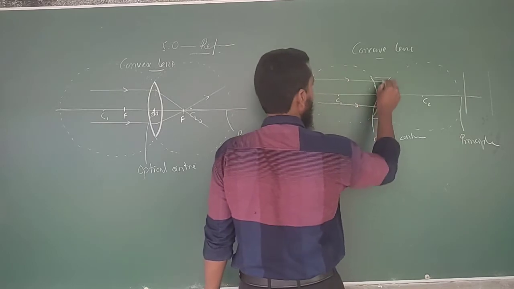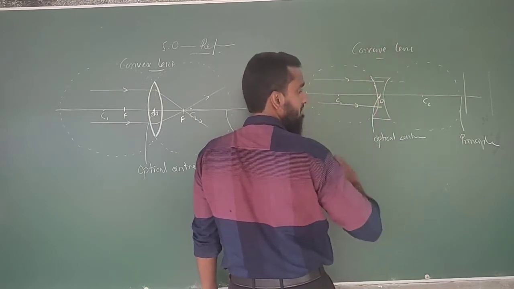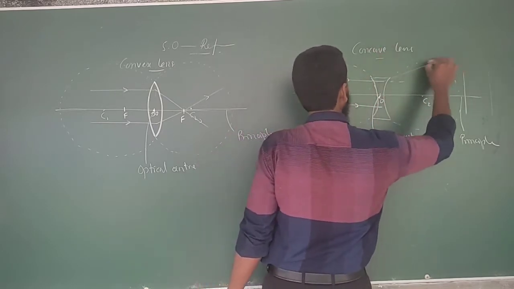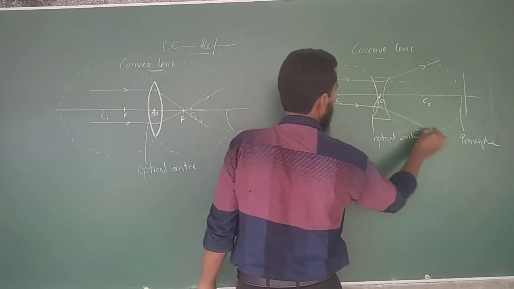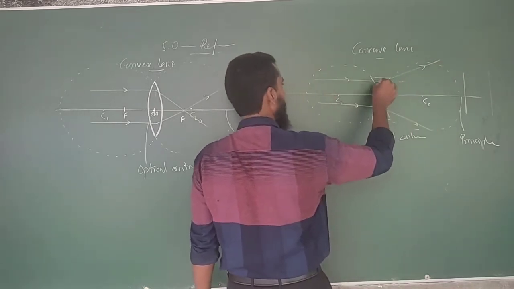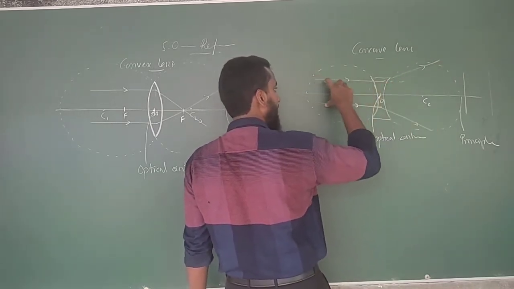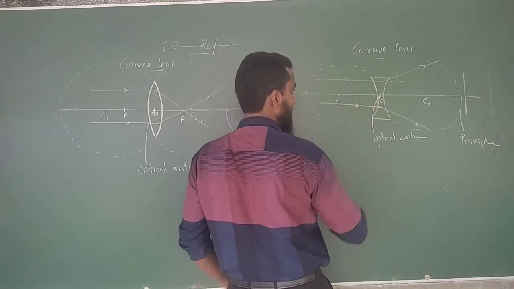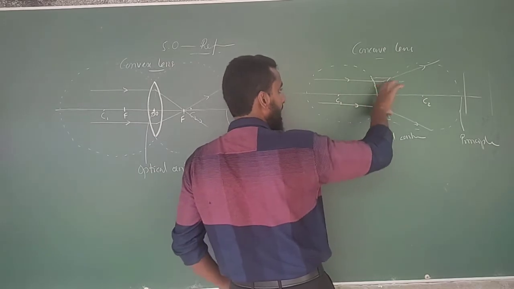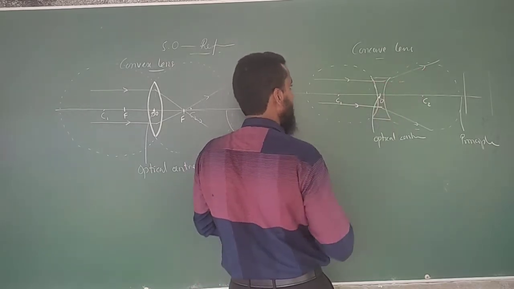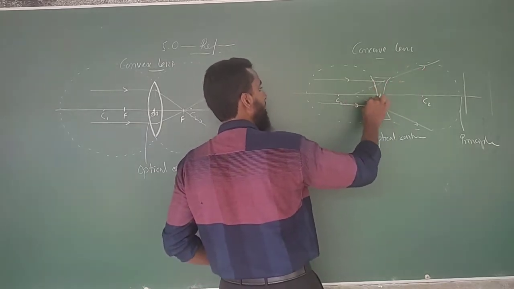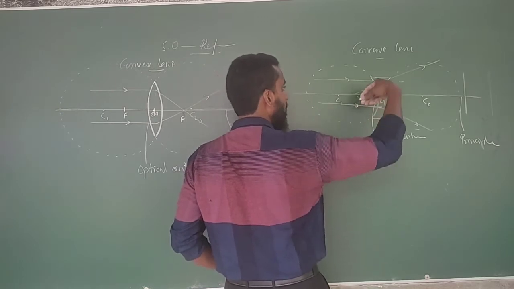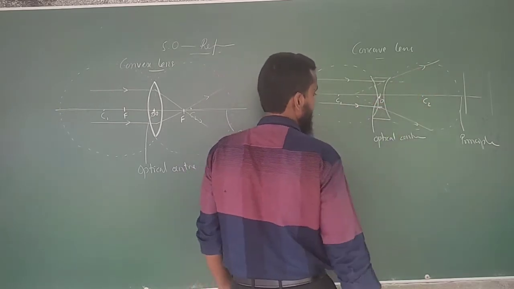Now you know concave is a divergent lens, right? This is going to diverge the rays. If you send two light rays parallel to the principal axis, they will diverge as if going from a point on the principal axis.